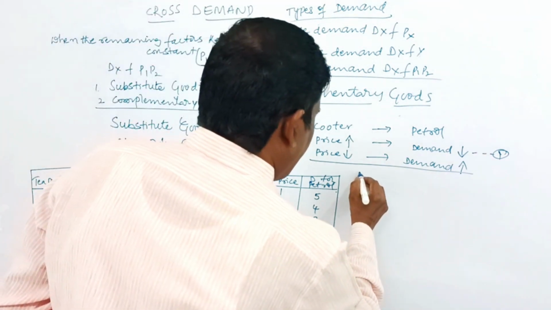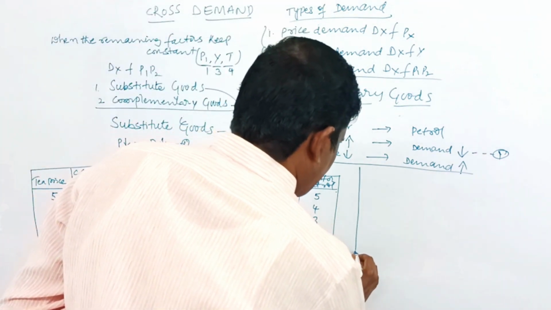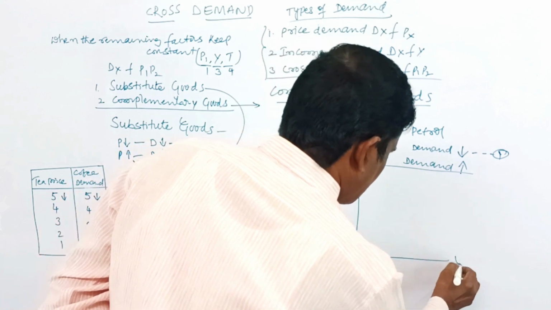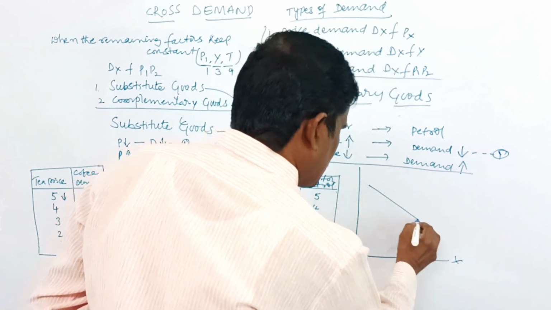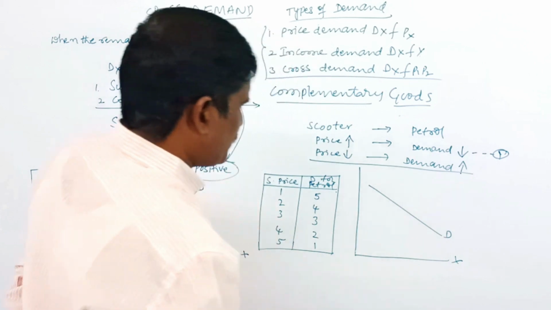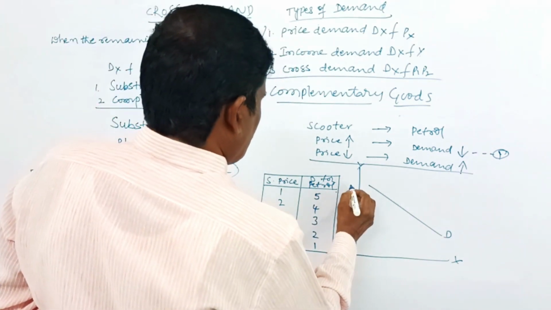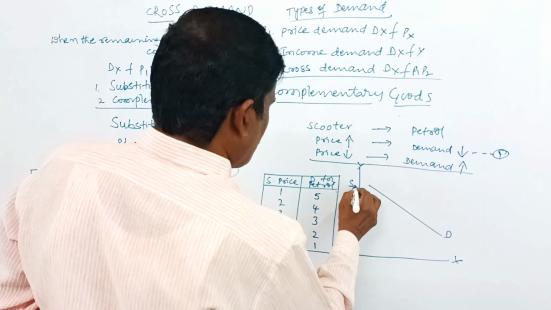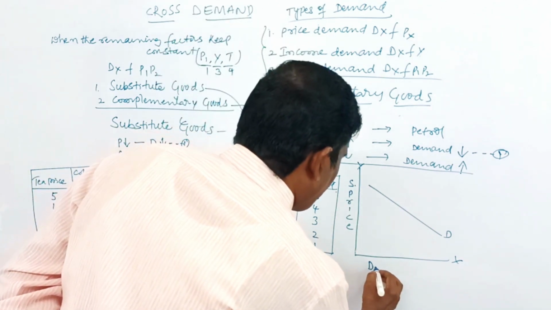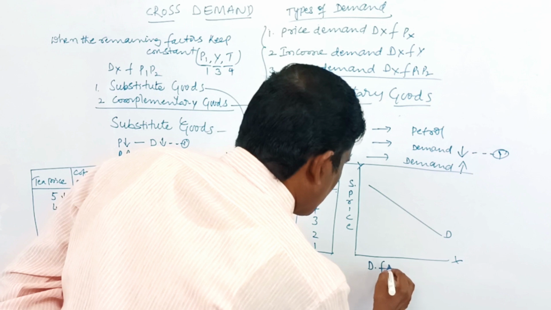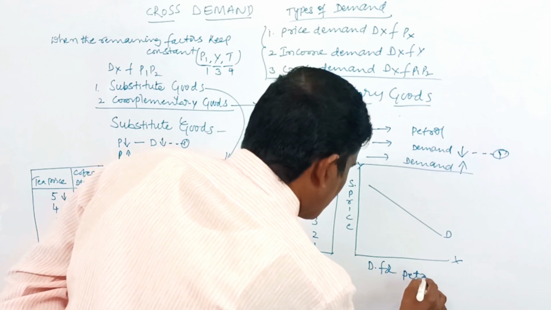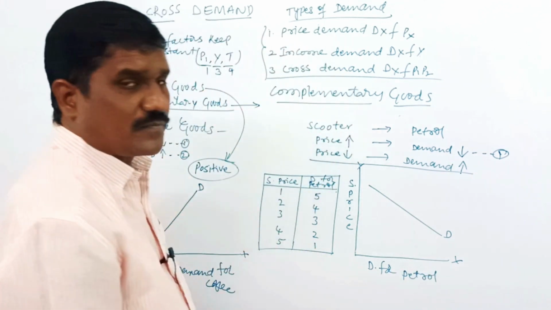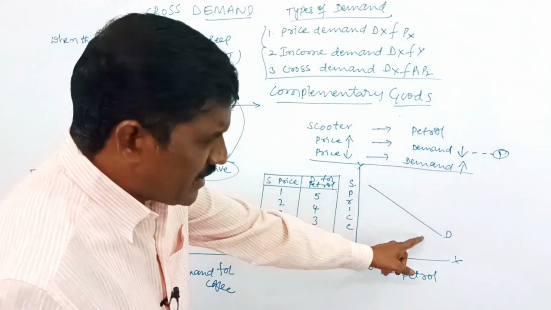Then the diagram is this: scooter price, demand for petrol. What is the slope of the demand curve?